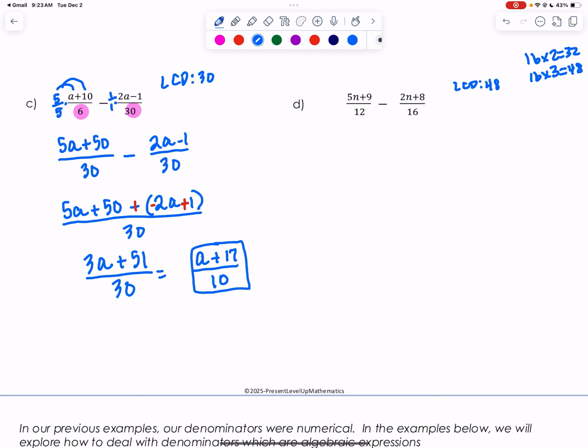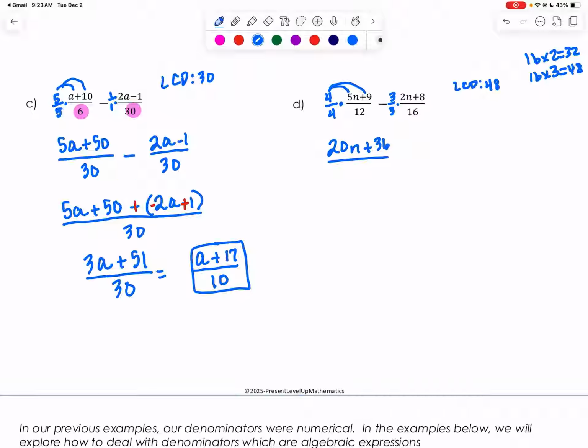Now, to turn 12 into a 48, I'm going to have to multiply it by 4 over 4. Okay. To turn 16 into 48, I'm going to have to multiply it by 3 over 3. All right, now we'll need our distributive property again. 4 times 5n gives me 20n. 4 times 9 gives me 36.